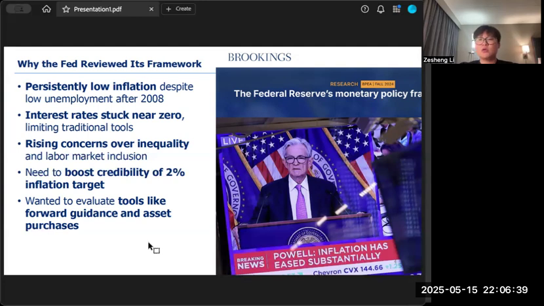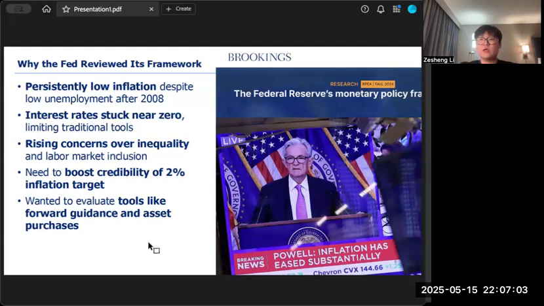Third, there was a growing awareness that headline unemployment doesn't tell the whole story. Many groups, especially low income and minority workers, were still being left behind. The Fed wanted a framework that recognized employment shortfalls more broadly and inclusively.